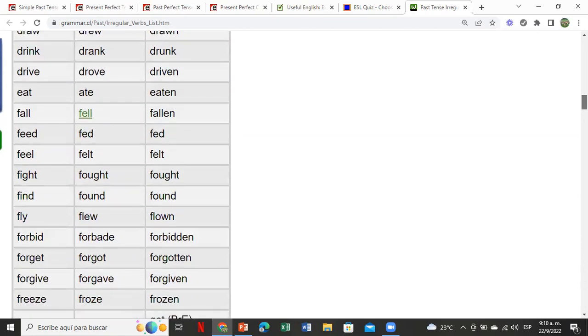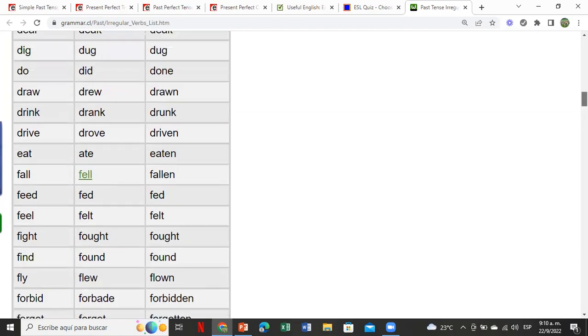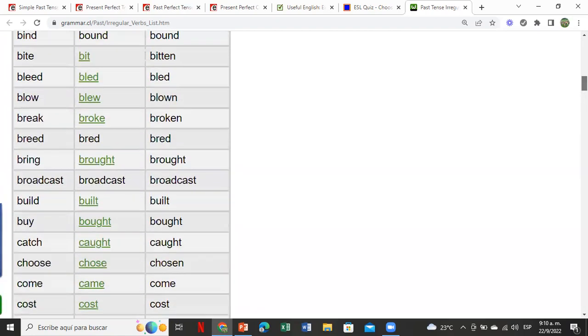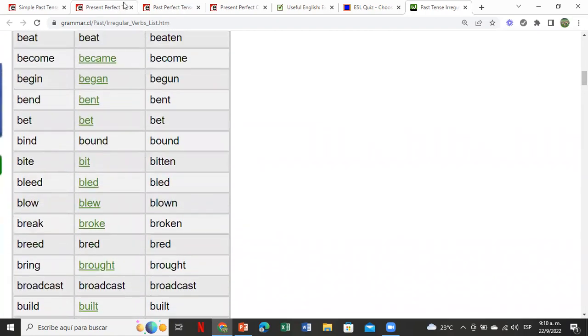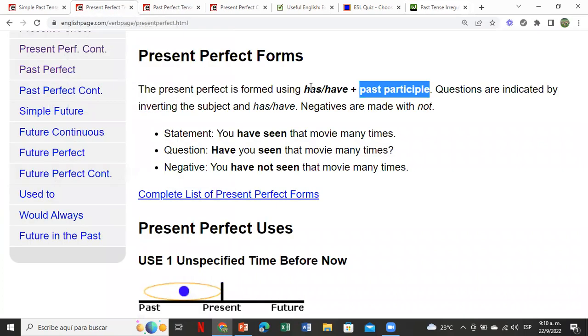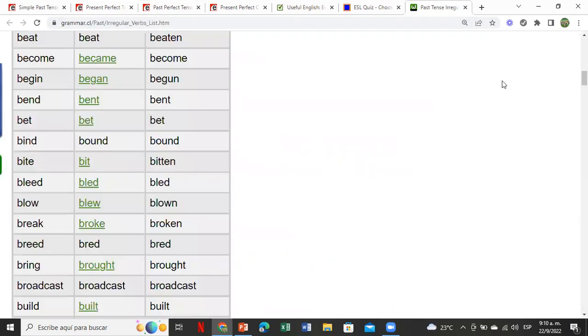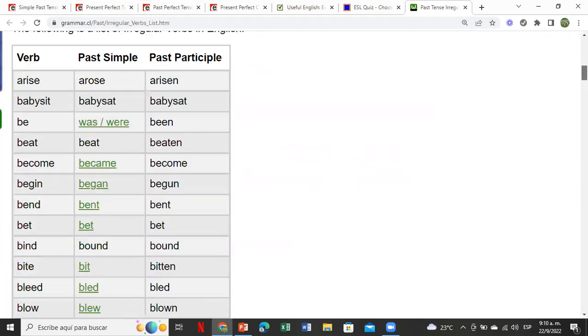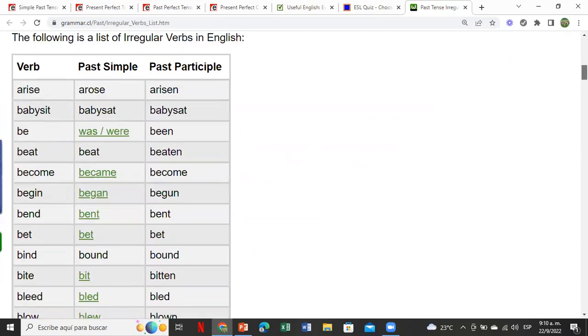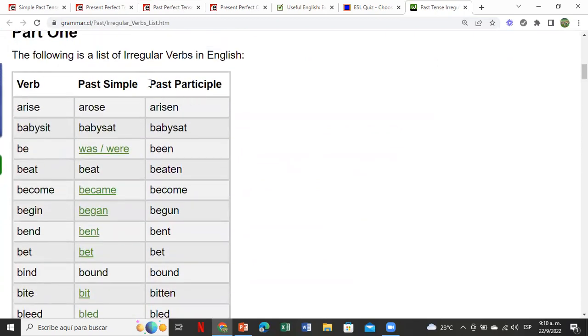El punto es que cuando estamos hablando del presente perfecto, su fórmula primero se le llama presente porque el auxiliar va en has o have, pero el past participle siempre se toma, miren, de la tercera columna. Past participle. Ok, sigamos.